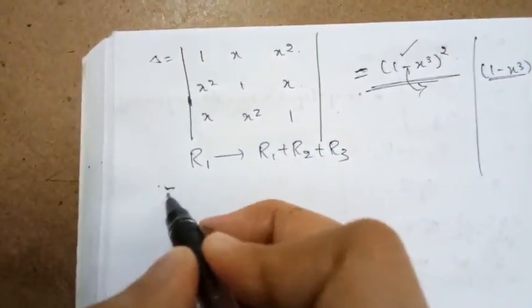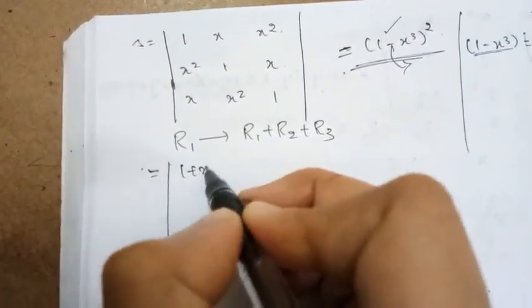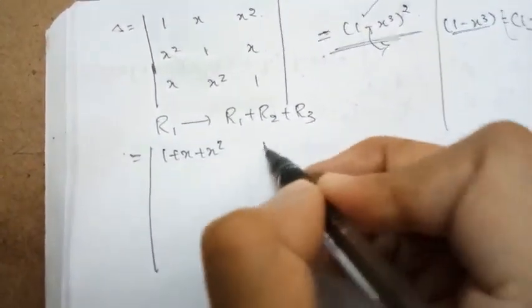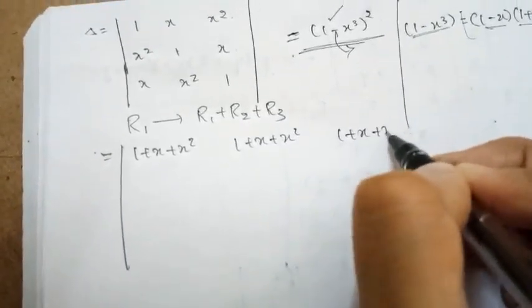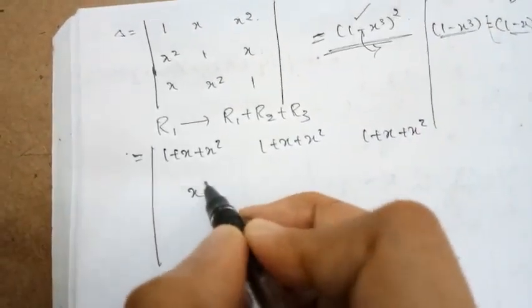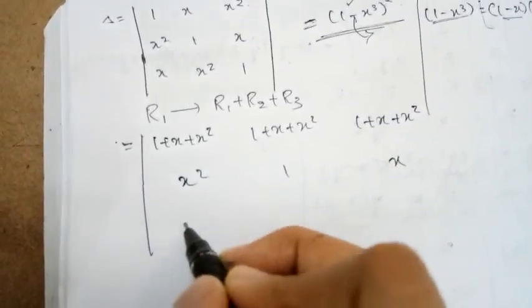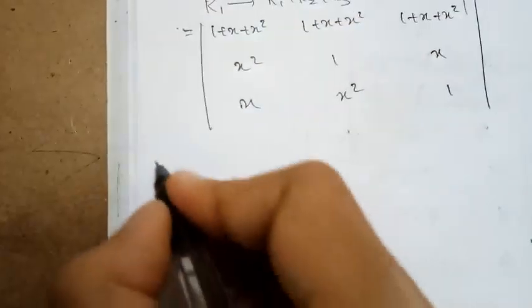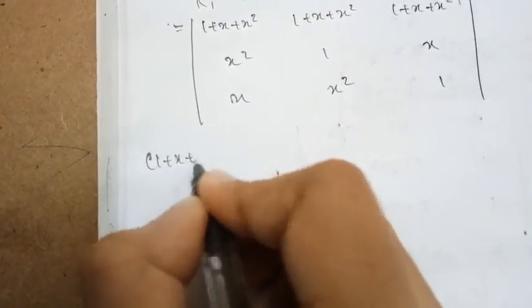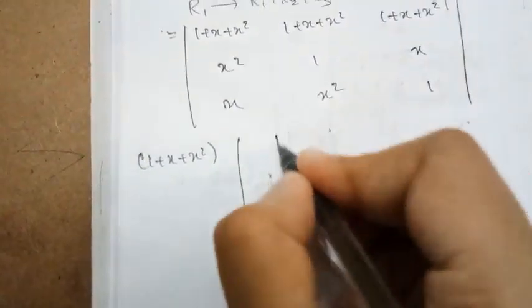So what happens to the R1? It is nothing but 1 plus x square, 1 plus x square, 1 plus x square. Second row as it is and the third row also as it is. So from the first row I can take 1 plus x square common outside.